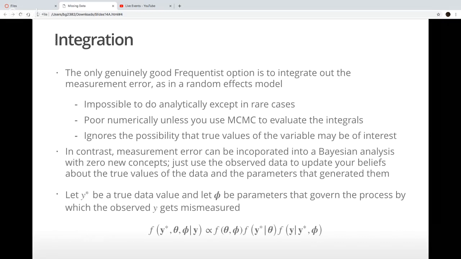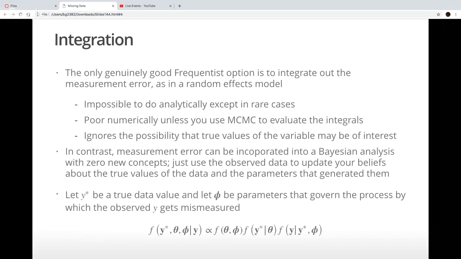So by drawing from their posterior distribution jointly, you get a more honest, but also typically more precise posterior distribution on the things that you care about. If that's theta, then so be it. So that's the basic idea of how we're going to attack measurement error with Stan.